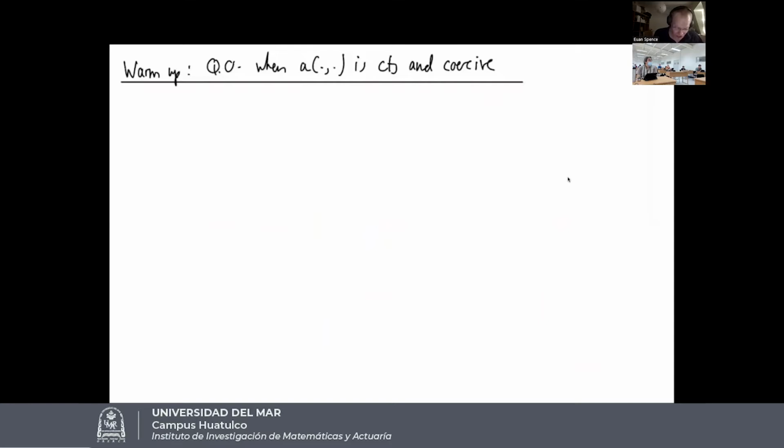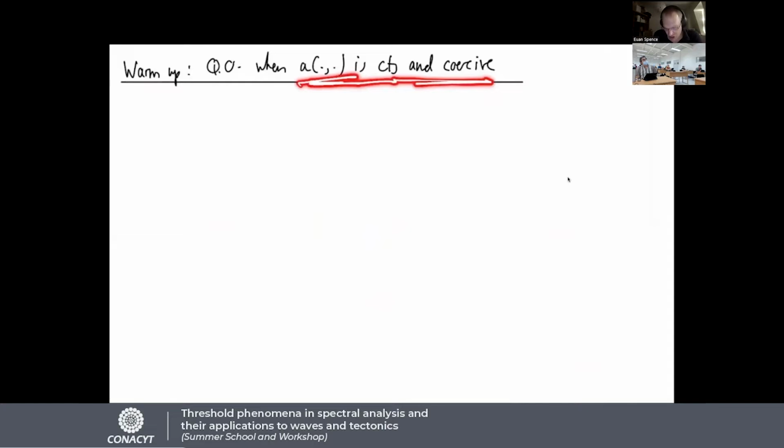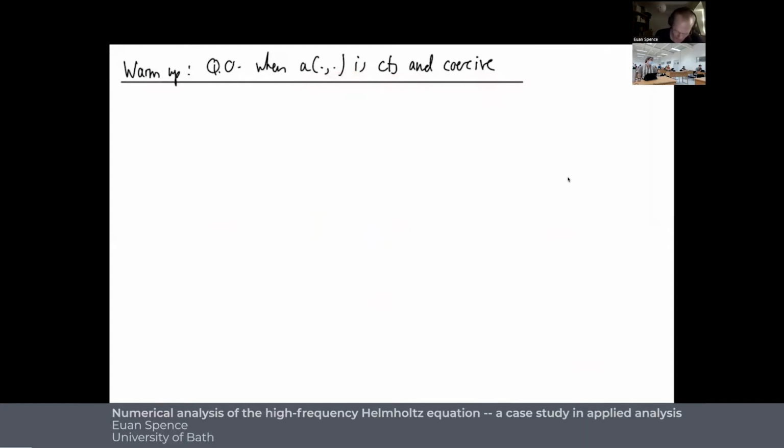So what we're going to do first is a warm-up. We're going to show that quasi-optimality holds when the sesquilinear form A is continuous and coercive. So this is a stronger property than the Gårding inequality. Let me tell you what I mean by coercive.